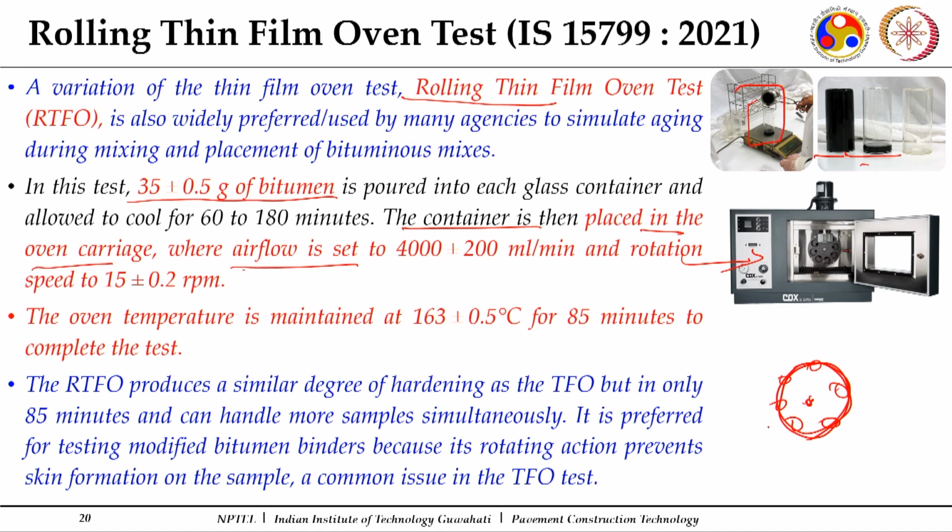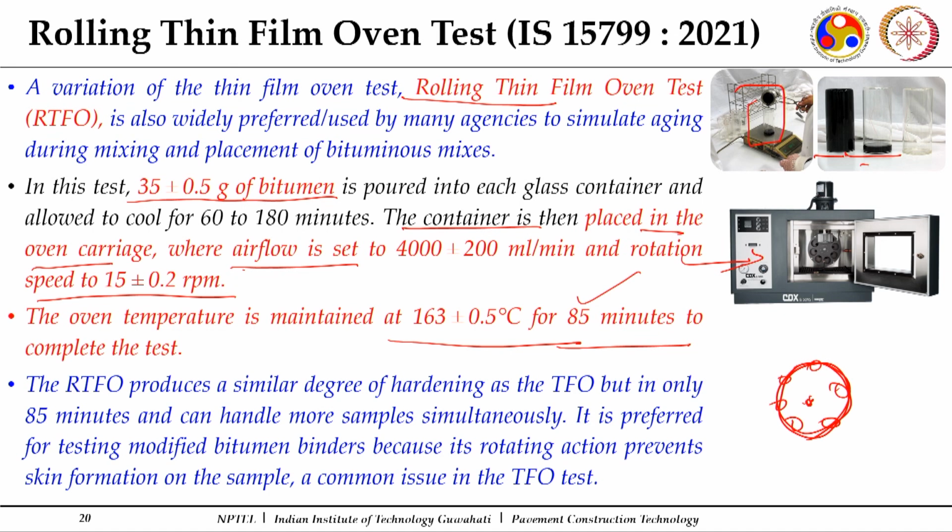So, any formation of a film is reduced because of the air flow, and this rotates at a speed of around 15 revolutions per minute, and the test is done at 163 degrees centigrade. It produces the aging which we got with the thin film oven in 5 hours; here we get a similar amount of aging in 85 minutes.